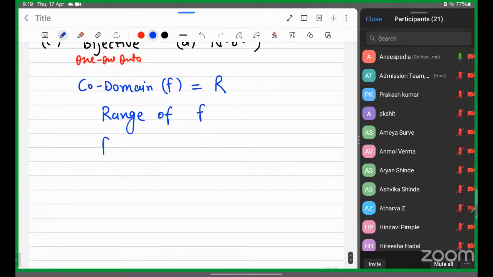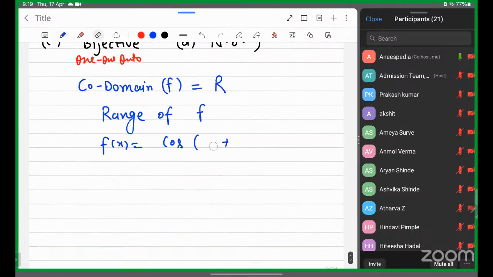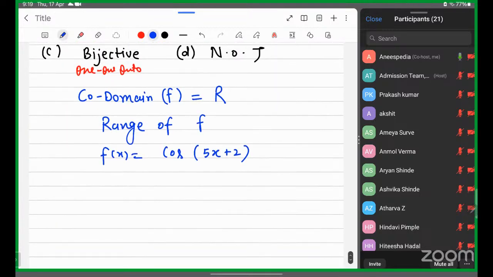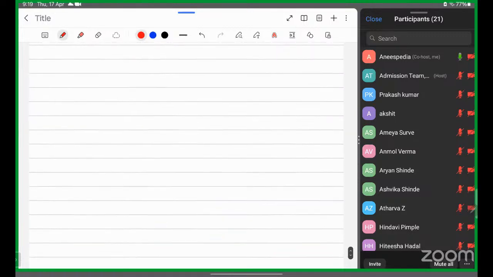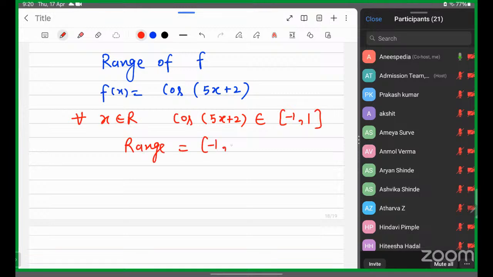So function f of x is cos of 5x plus 2, right? Cos of 5x plus 2. Now we all know that whatever be the input in cos or sine, the answer will be between -1 to 1. So for x belongs to R, cos of 5x plus 2 will always have its value in between -1 to 1, which implies that its range will be -1 to 1.